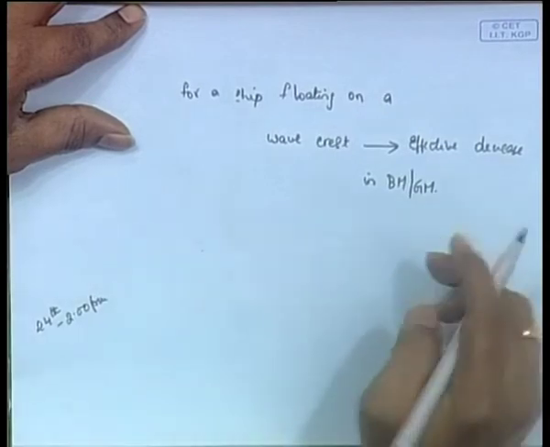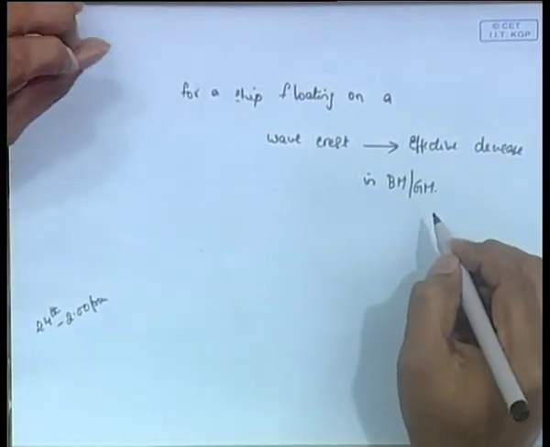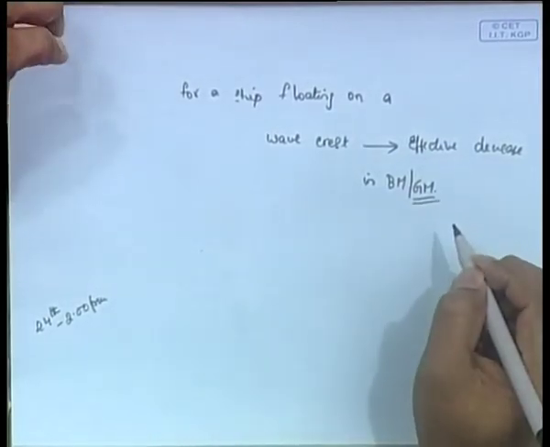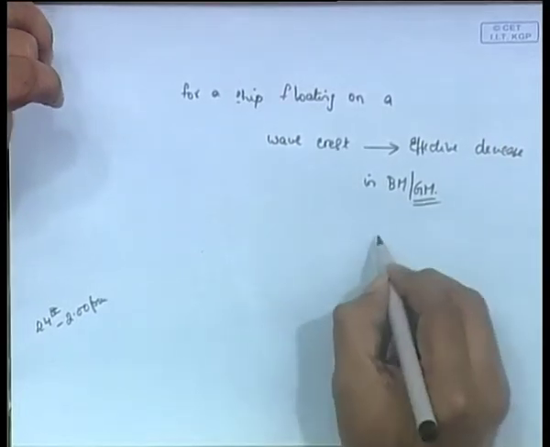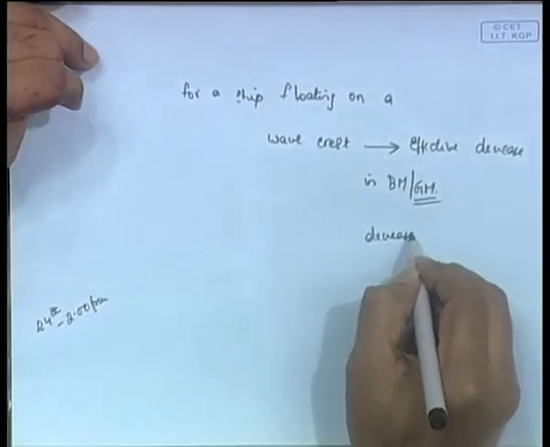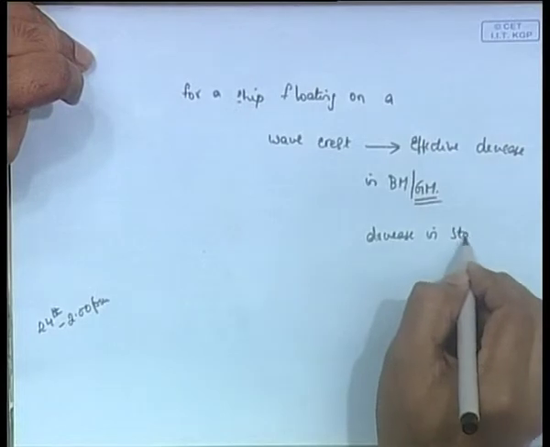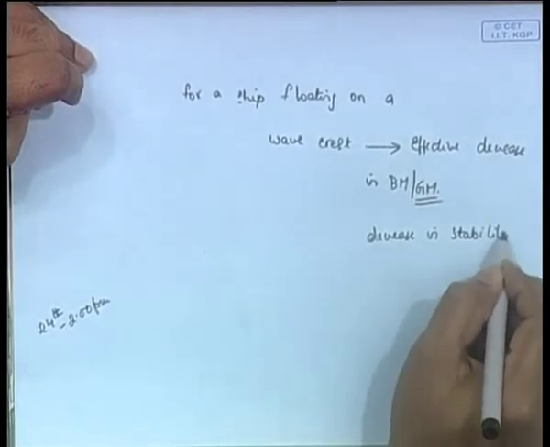So, M actually comes down. There is an effective change in GM, the metacentric height is effectively reduced, or there is a decrease in stability of the ship. So, there is a consequent decrease in the stability of the ship, because GM is now much smaller than it was in the previous case.